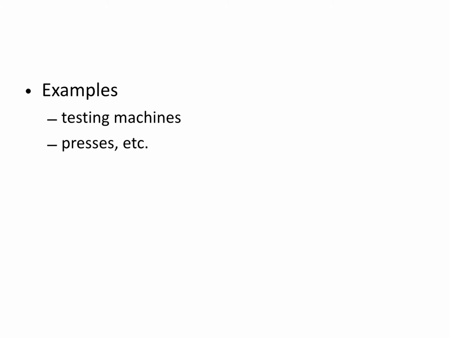Apart from that, we may have seen the testing machine, the UTM machine. In the UTM machine, again there is a power screw, and in various types of presses. So power screws find many applications in presses, testing machines, UTM machines, screw jacks, then our lathe machines. So these are the various examples.